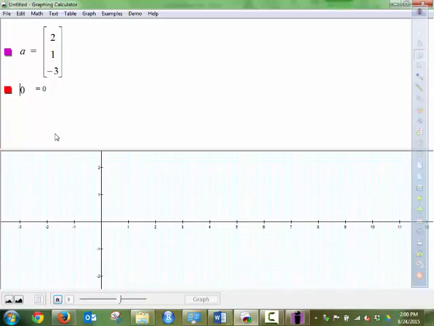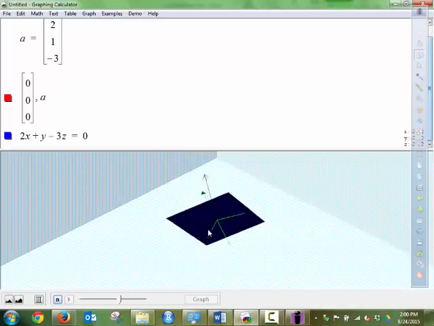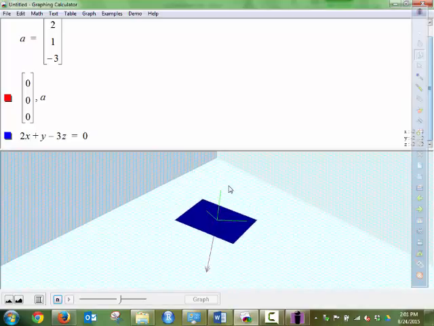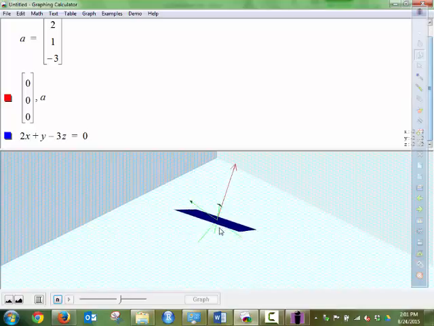All right, here. 0, 0, 0. A, that's your vector. And then, so 2x plus 1y minus 3z equals 0. So now I would get this. You see that vector? It's perpendicular to that plane. Okay?